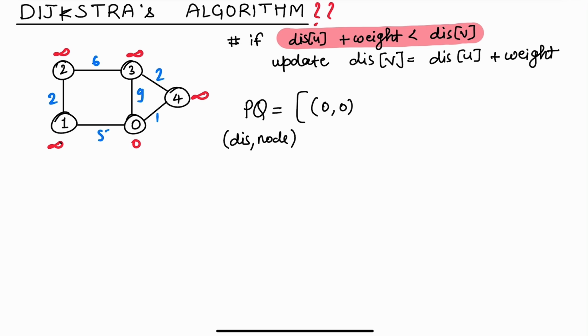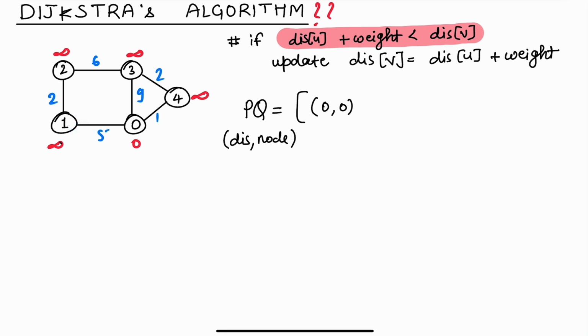To understand it better, let's walk through this example. In this example we have 5 nodes from 0 to 4, and source node is 0. So we start at the source node and go to the edge nodes that are 1, 3 and 4. So let's say we are going from 0 to 1.